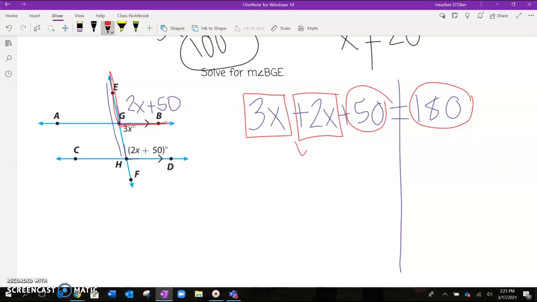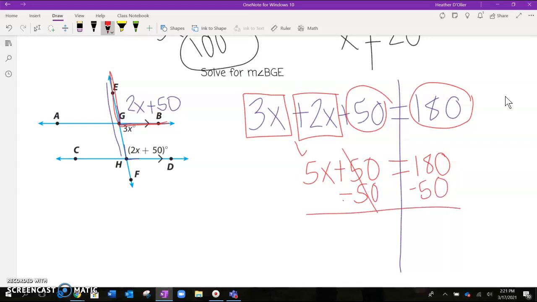So 3x plus 2x, that's 5x. There are no constants on this side, so the 50 just comes down. There was nothing I did with the 180, so it just comes down. Now I can solve this like a normal two-step equation. I have multiplication and addition, my apologies. So I'm going to subtract 50 from both sides.